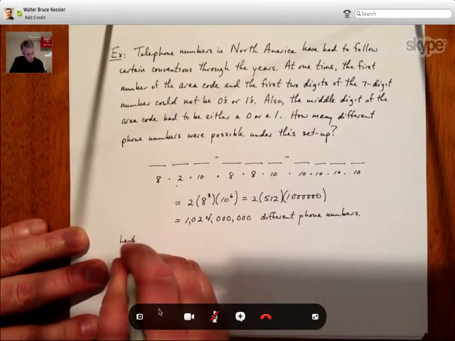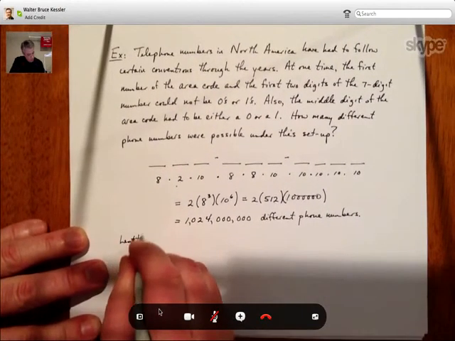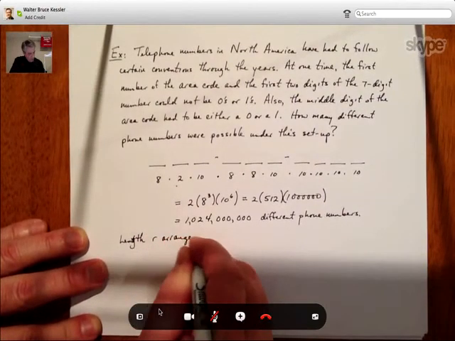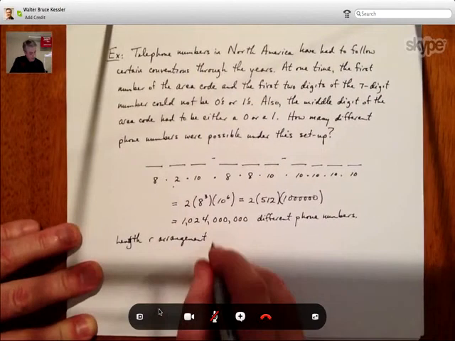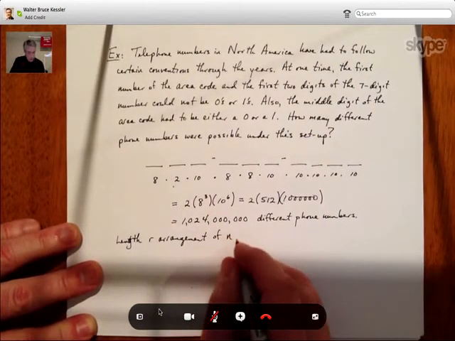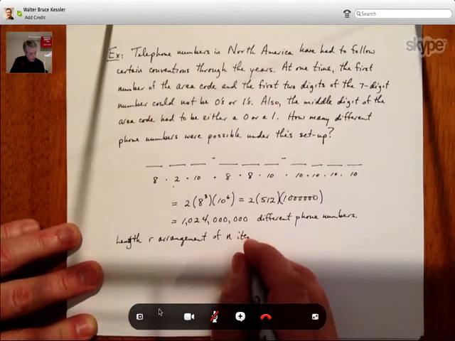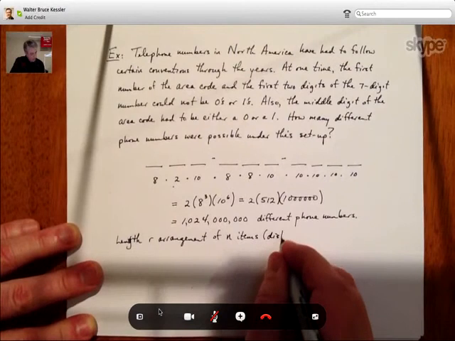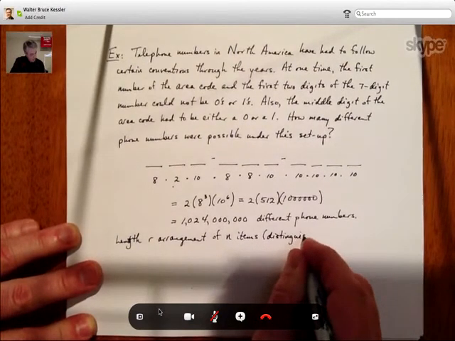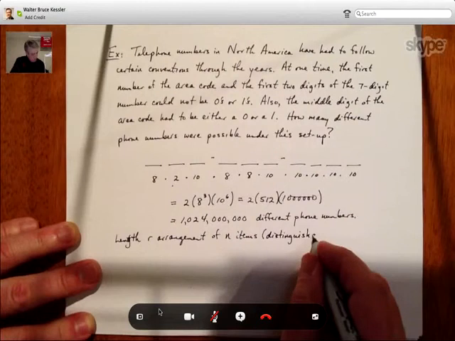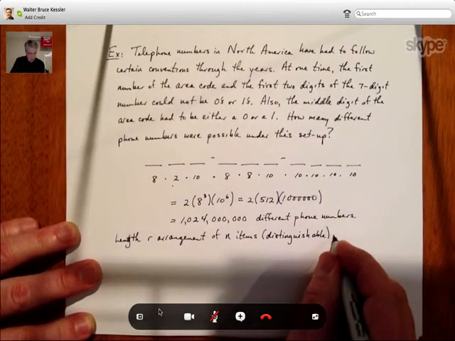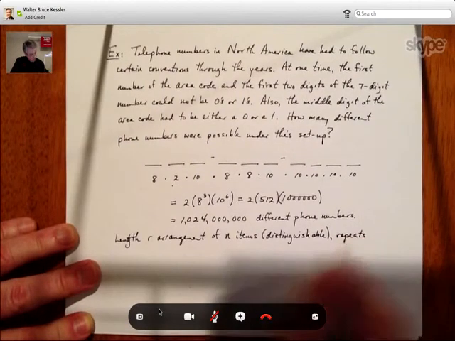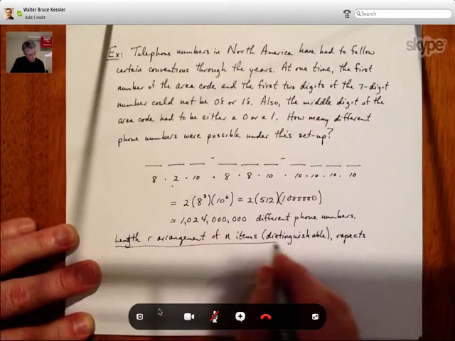If we're looking here at a length R arrangement, and arrangement means that order matters, of n items, and these are distinguishable items, and I can have repeats.